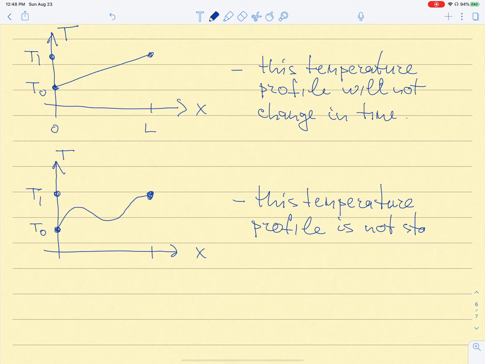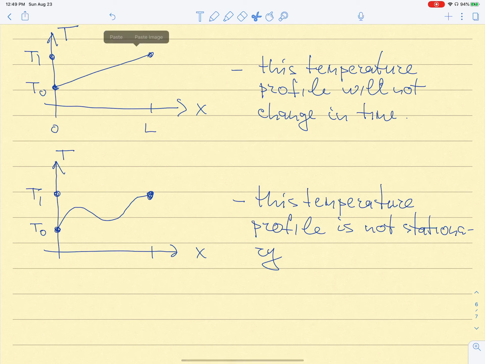Okay, and so then what is the conclusion that we can draw from this? The conclusion is that what drives the temperature change is not going to be the temperature itself, right? Because if temperature is constant everywhere, then there is no change in temperature.